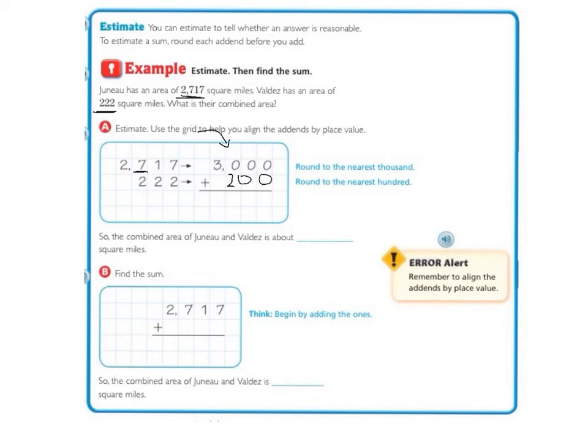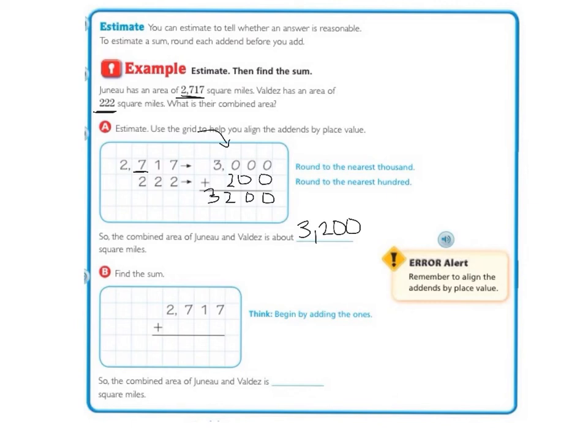Then I'm going to add together to get an estimate. So 0, and 0, 2 plus 0 is 2, and drop down the 3. So I think my answer is going to be about 3,200.